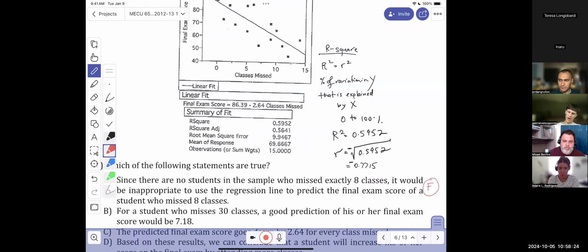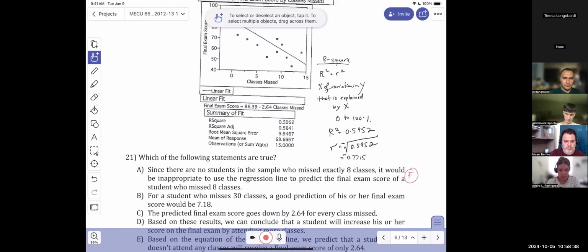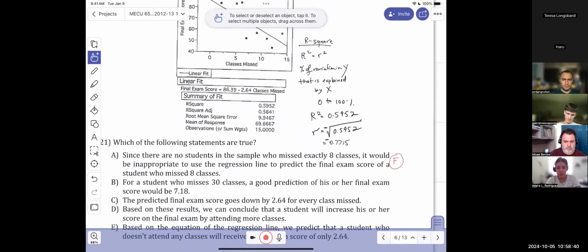Let's go to the next one. For a student who misses 30 classes, a good prediction of his or her final exam would be 7.18. True or false? False, right?